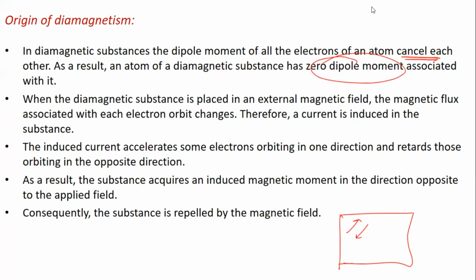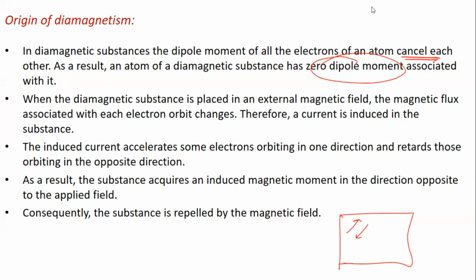When a diamagnetic substance is placed in an external magnetic field, the magnetic flux associated with each electron orbit changes. Therefore, a current is induced in the substance. The induced current accelerates some electrons orbiting in one direction and retards those orbiting in the opposite direction.